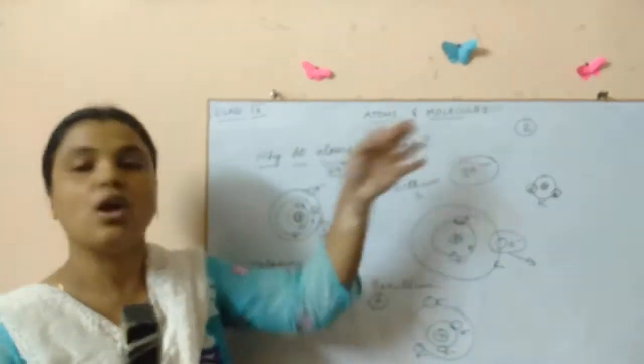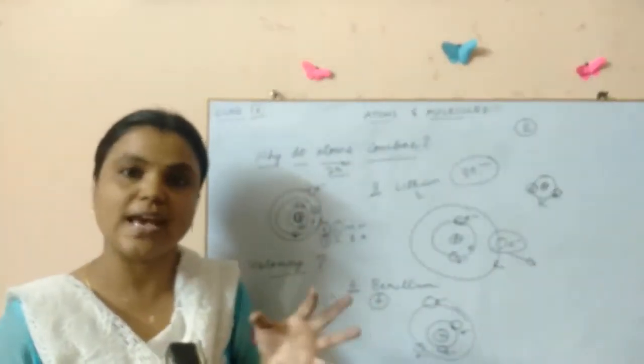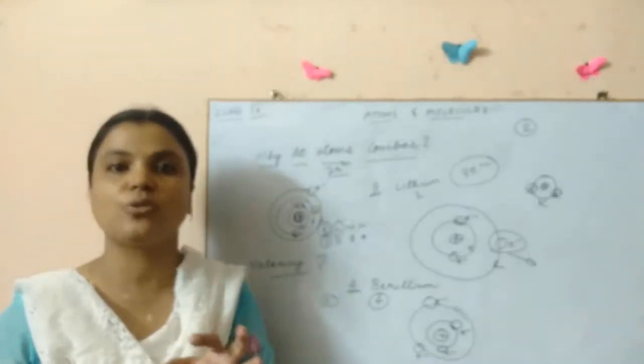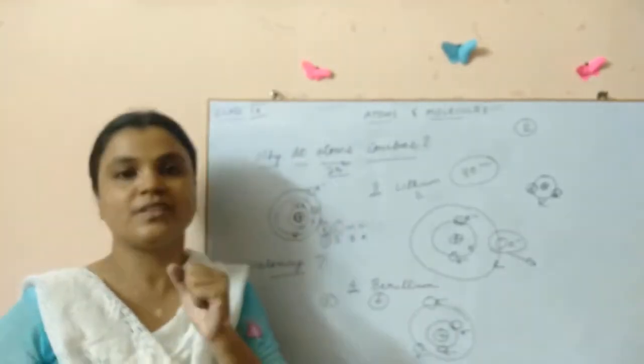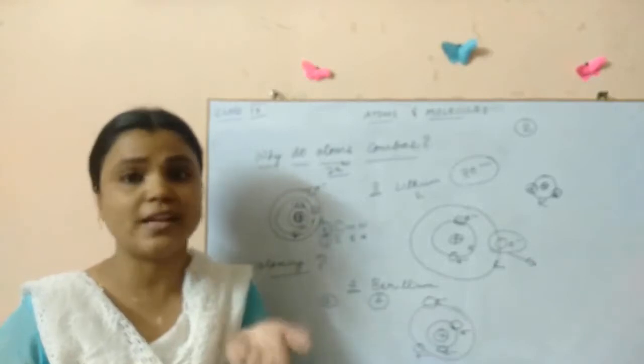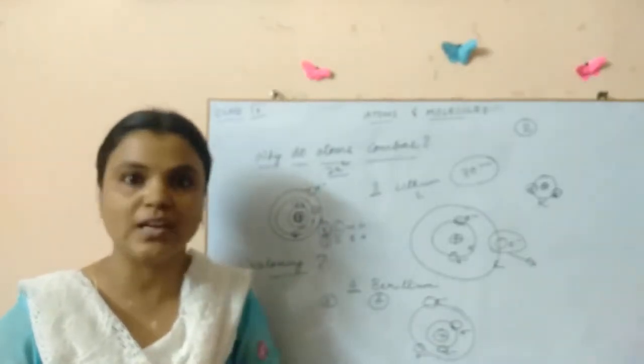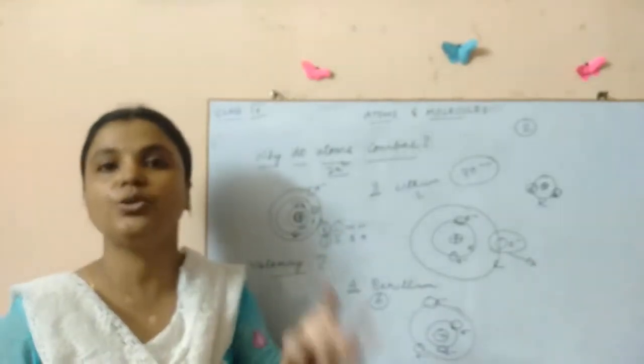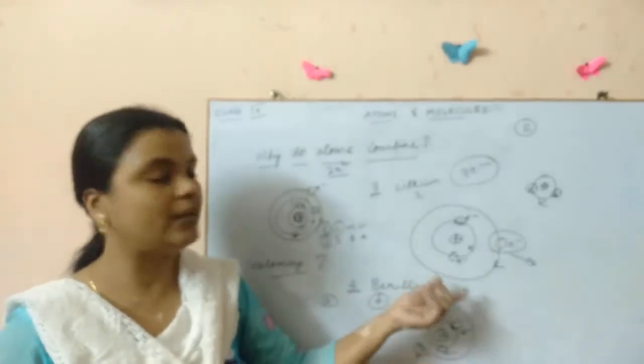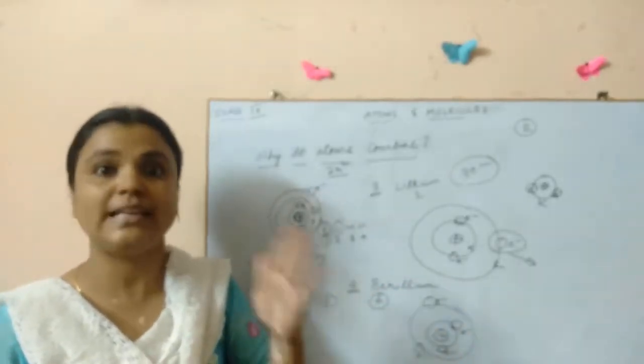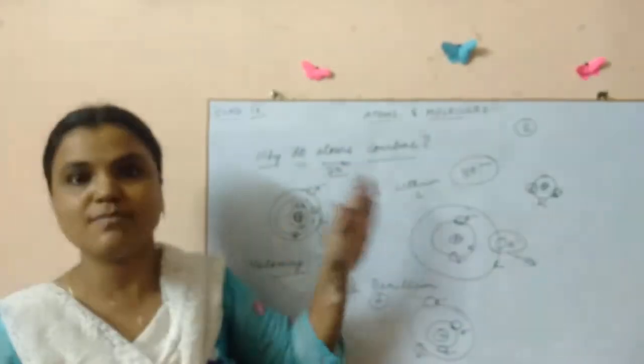Such that, what is the need now? What is the need for atoms to combine? It is to gain stability. Because atoms are very unstable, they can't be on their own, we learnt. So in order to get stability, now stability in terms of atoms you have to understand.